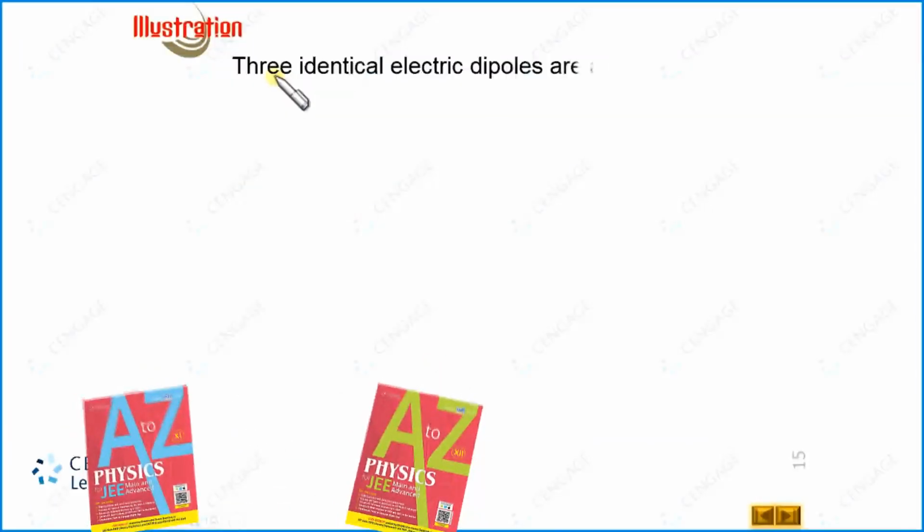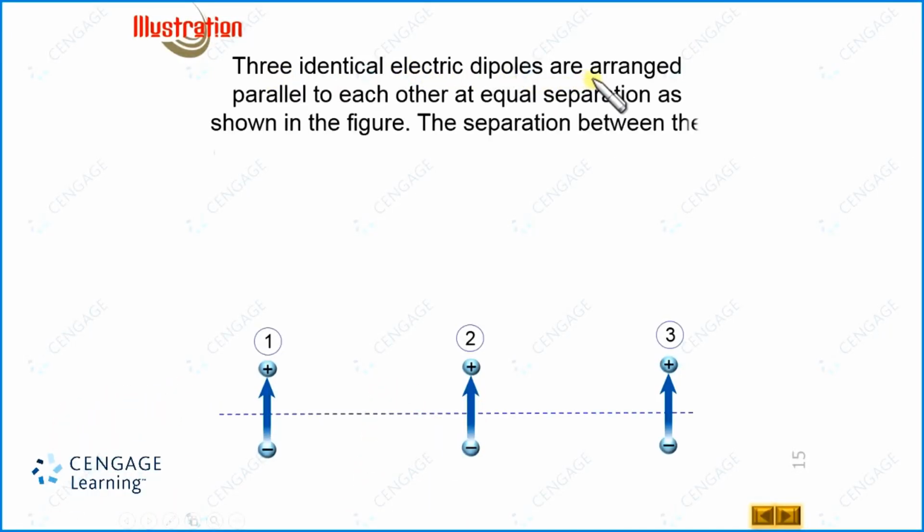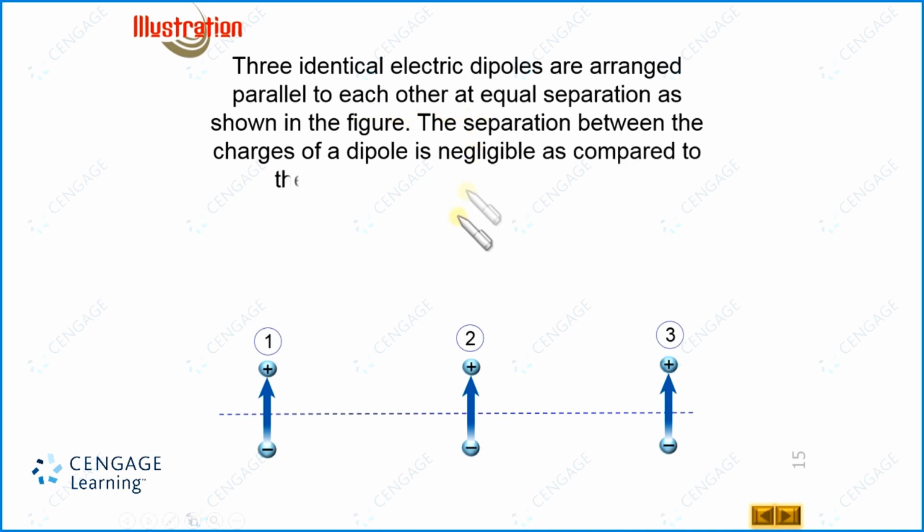In this illustration, we are given 3 identical electric dipoles arranged parallel to each other, 1, 2, 3, at equal separation as shown in the figure. That means the separation between dipole number 1 and 2 is the same as the separation between 2 and 3. Also, it is given that the separation between the charges of the dipole is negligible compared to the separation between the dipoles.